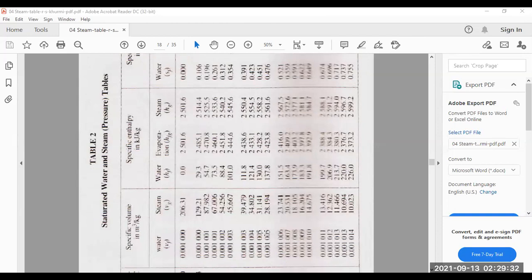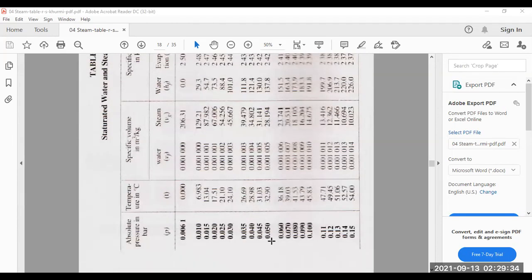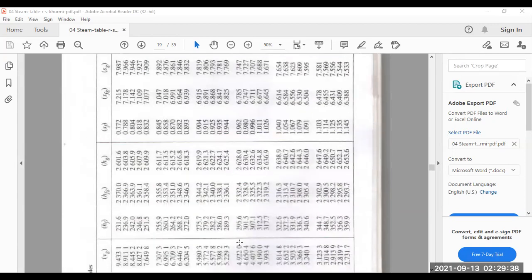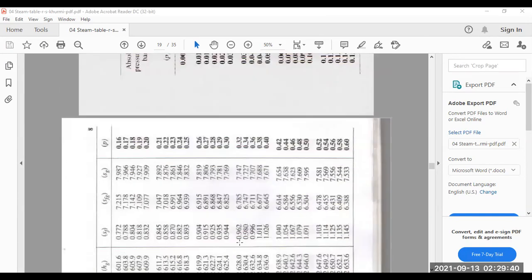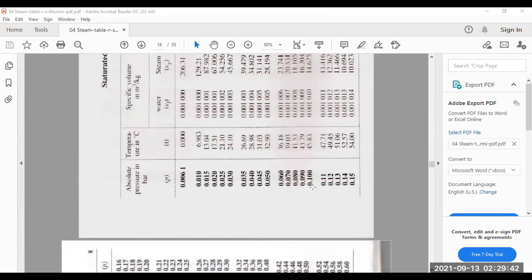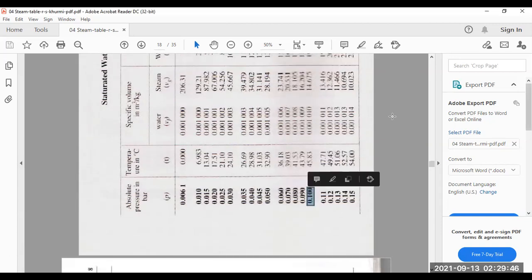Okay, so once again we will refer to the data book. Here we will find out where is 0.1 bar. So here we have 0.1 bar, and you can see here this indicates the specific volume VF. So at 0.1 bar VF is 0.001.